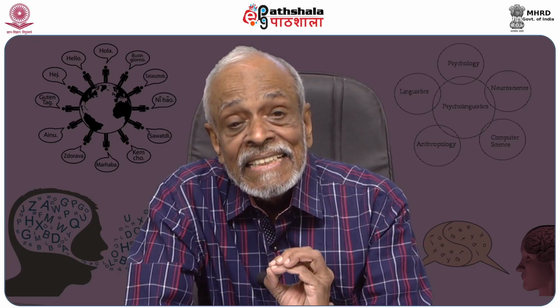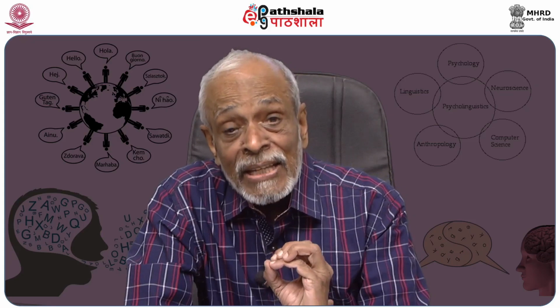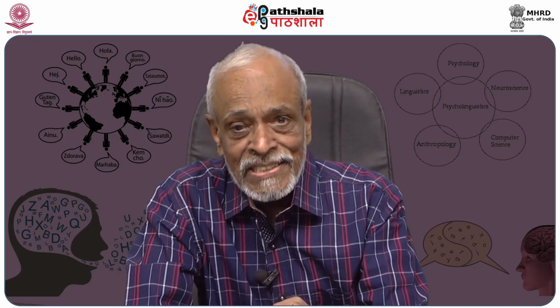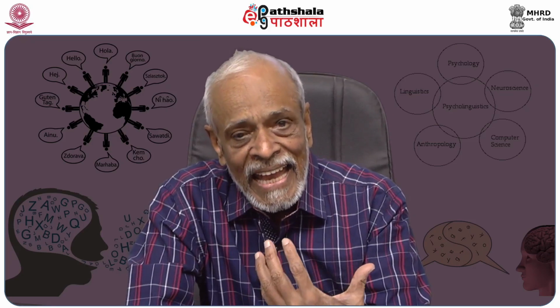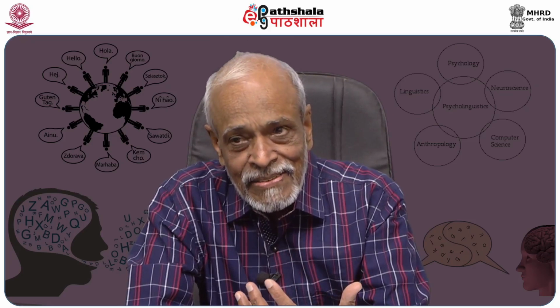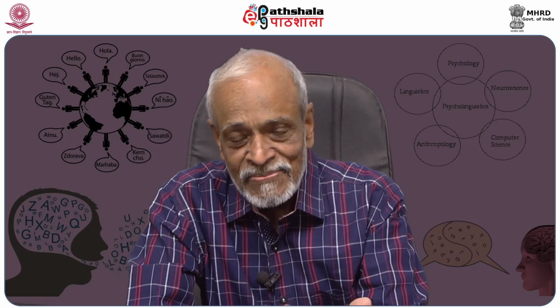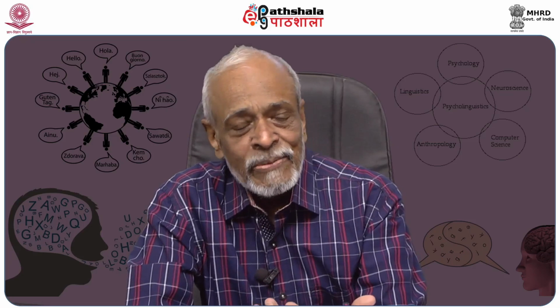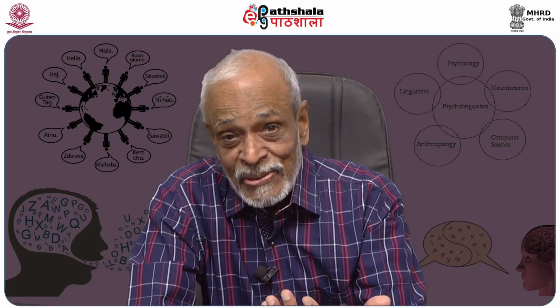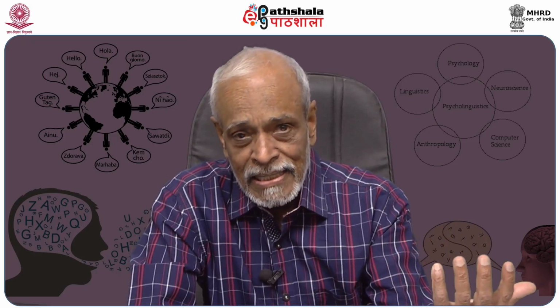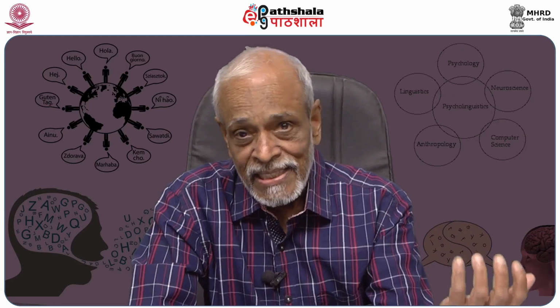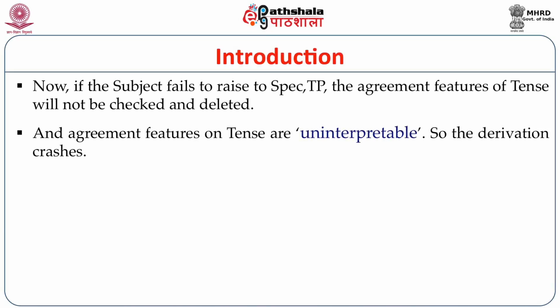And if they are not deleted, the derivation crashes, because a tense which is masculine makes no sense. So the semantic component says, I can't make any sense of this. Okay? I can make sense of masculine on the subject. He is masculine. But a past tense being masculine or feminine makes no sense. So this has to be deleted.